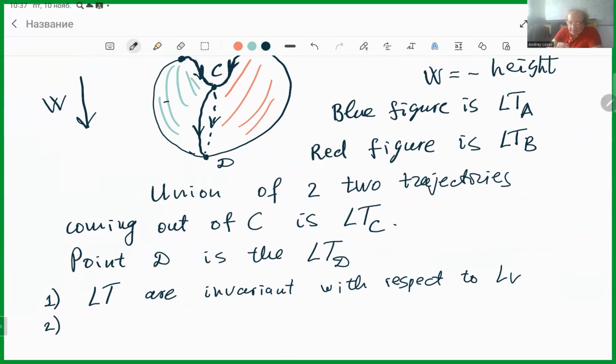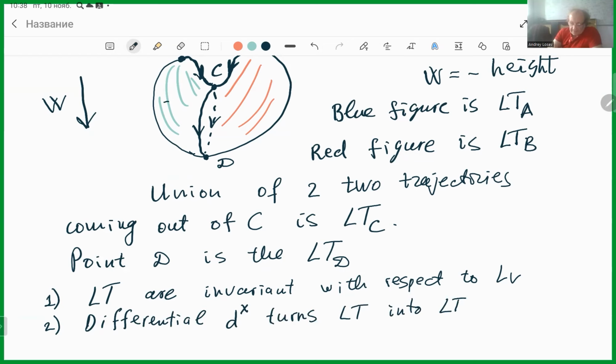Second, differential dx. You see, I put here x in order not to mix it with t. Turns left symbols into left symbols.